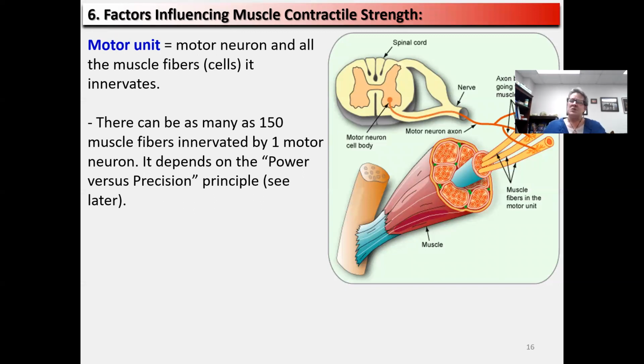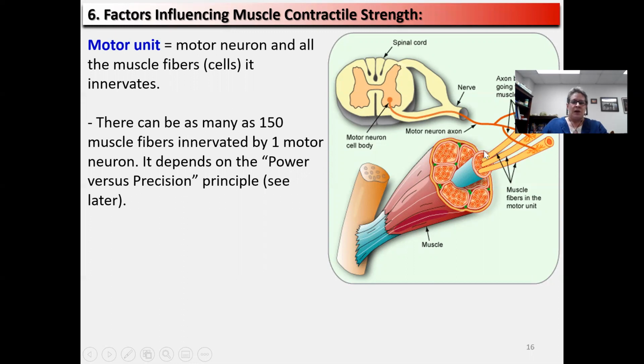So muscle contractile force depends on the motor neuron and all the muscle fibers that it is attached to. So in this image, we have a nerve that's connected to 1, 2, 3 muscle fibers. And so the amount of force that those 3 fibers can produce is what the motor unit can produce.